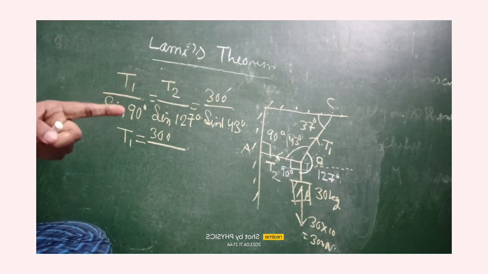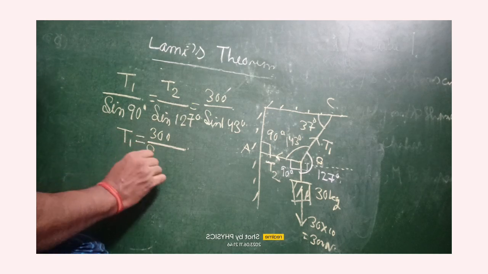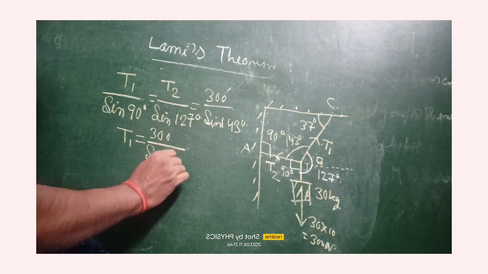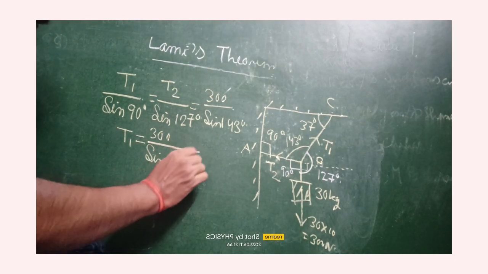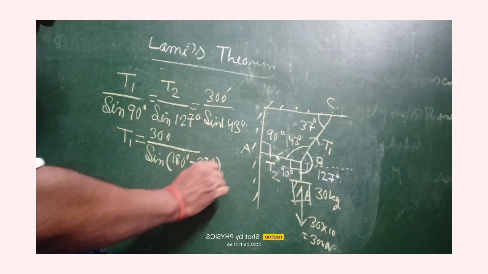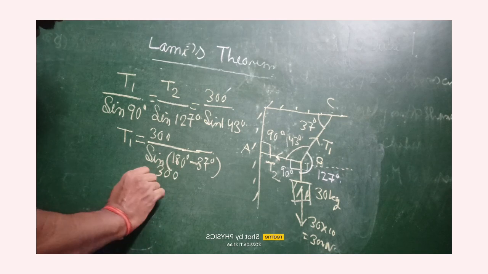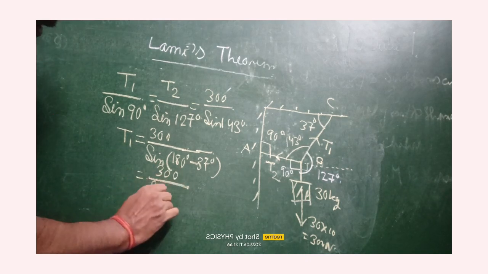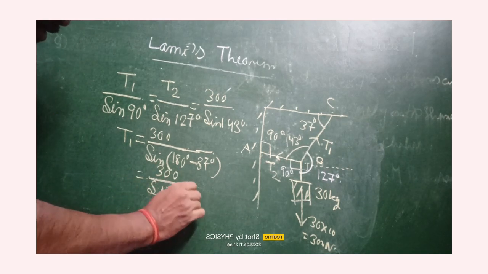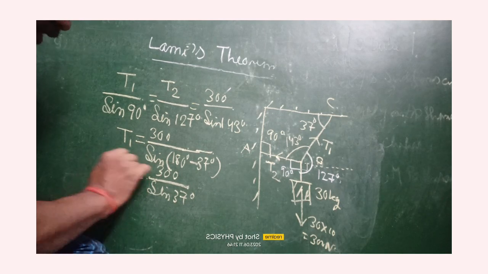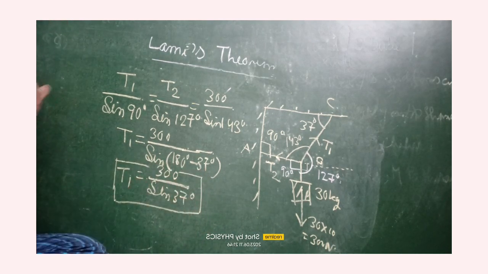Sine of 143 degrees means sine of 180 degrees minus 37 degrees. That will give 300 over sine of 37 degrees. When we put in the value, we'll get T1.